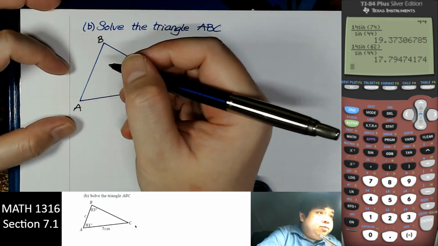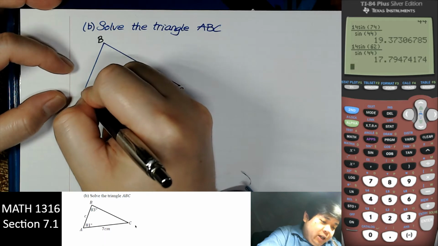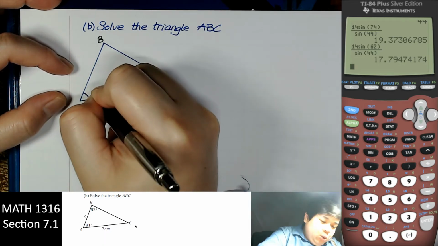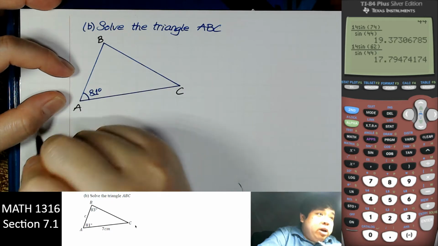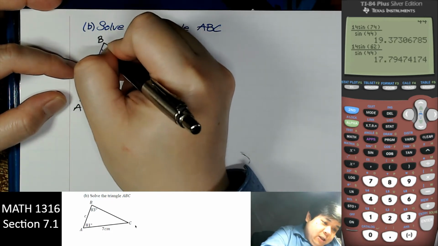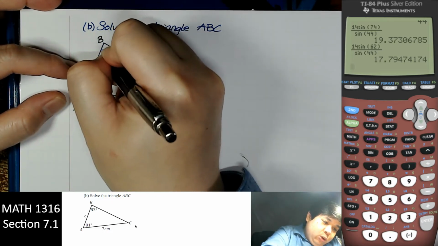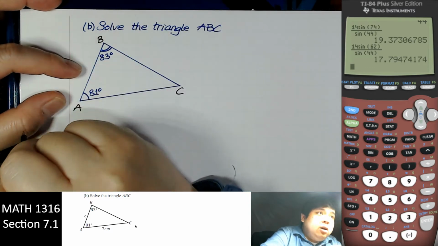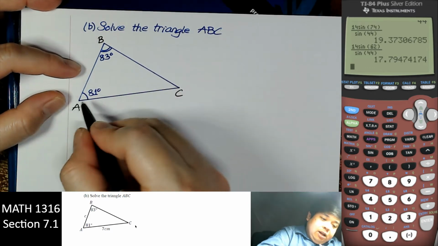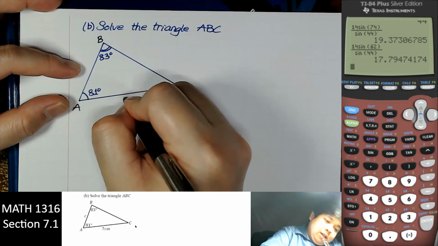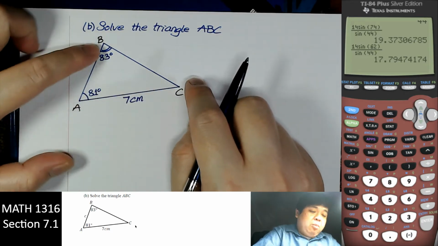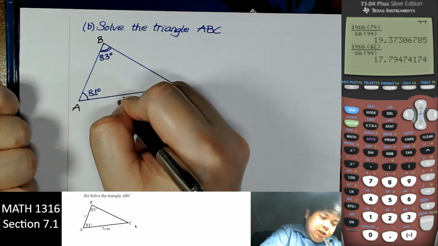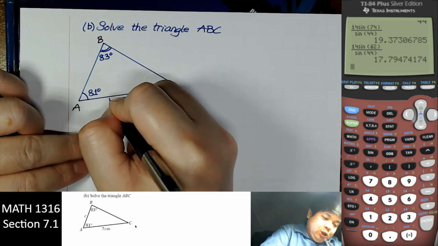We are given angle A, 81 degrees, angle B, 83 degrees, and then this side is 7 centimeters. This side is opposite to angle B, so that will be a little b.